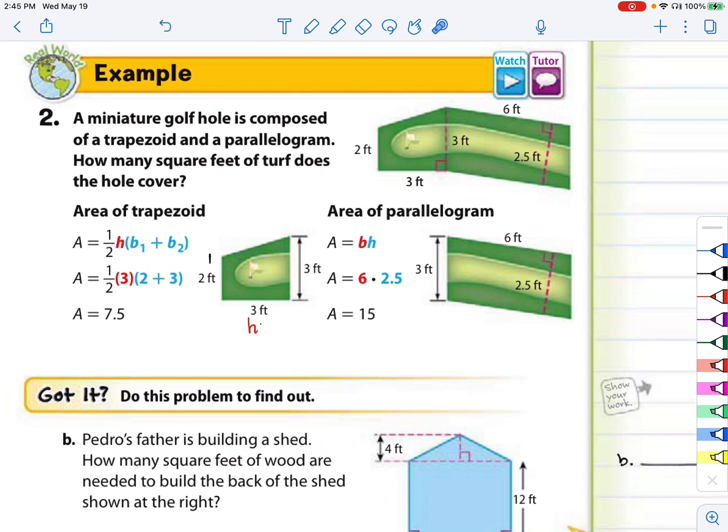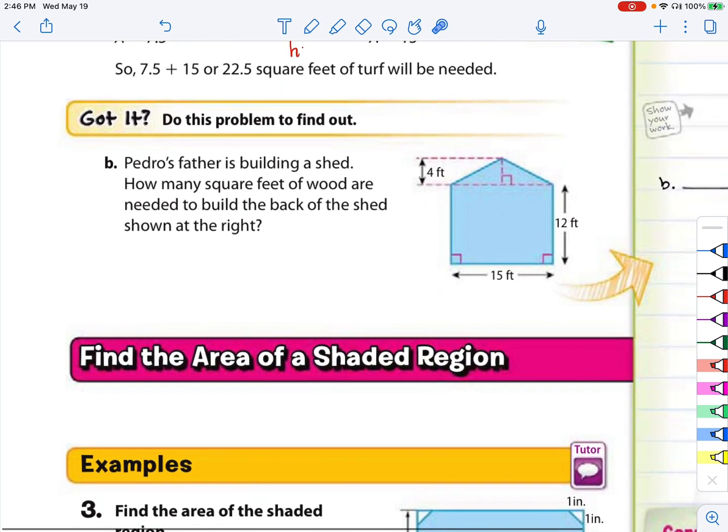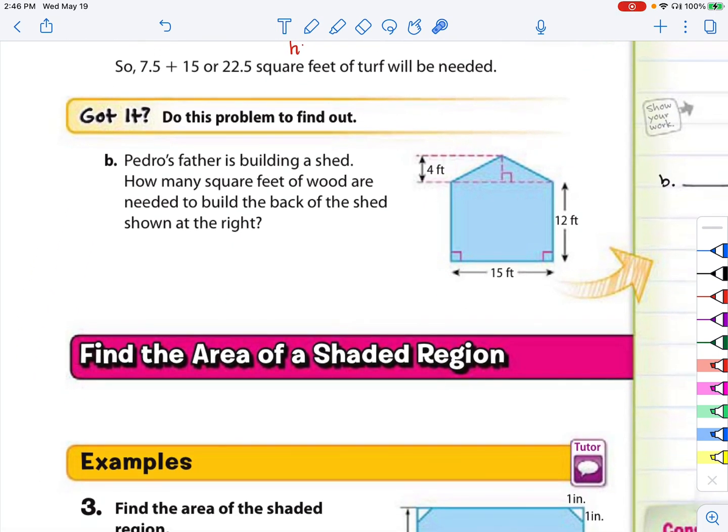So we simply add 7.5 plus 15, which will give us 22.5 square feet. That's the amount of turf that will be needed for this particular composite figure. All right. Pedro's father is building a shed. Do the got it problem, and let's see if you can solve Pedro's problem.